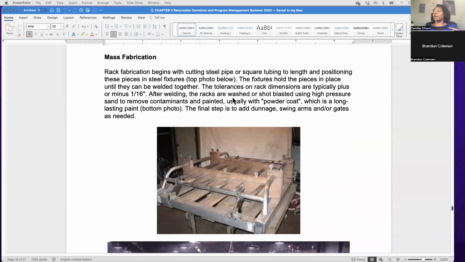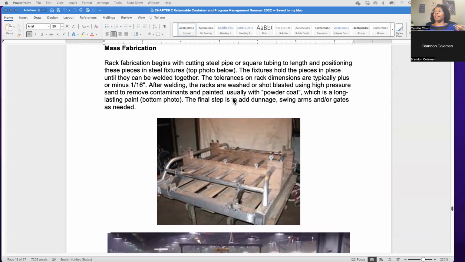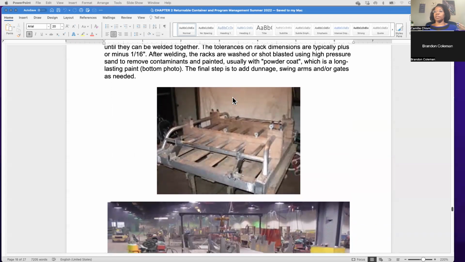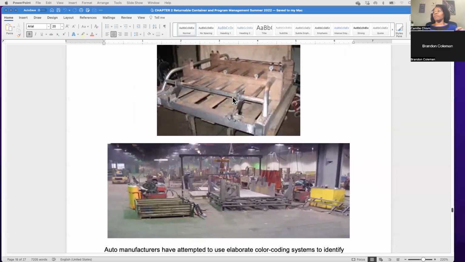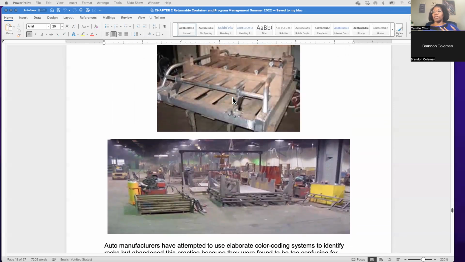So when they make them, they cut, they weld, they clean them, and then they paint them. Usually it's like a powder coat. That protects them from rust, but they can also pick a color that either matches their company theme, or maybe different racks for different areas, because sometimes you might have in-process racks that stay within the facility, and then you have other racks that get moved to and from within the loop.